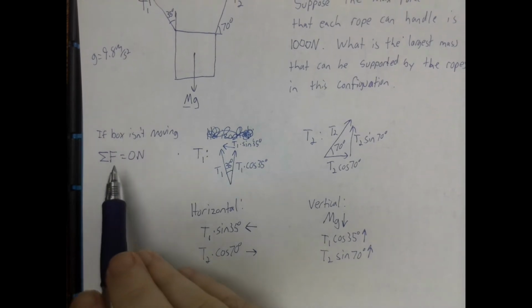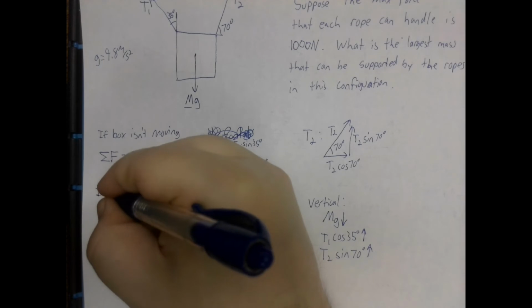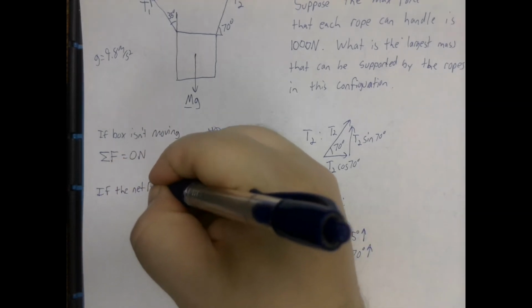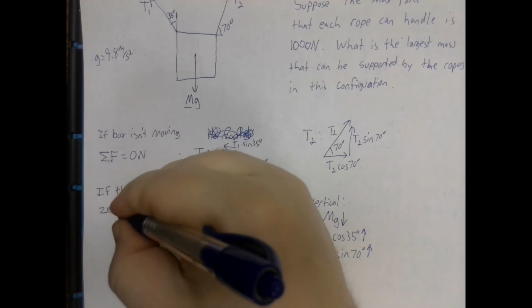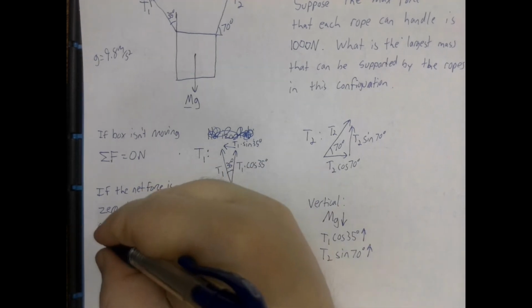So if the sum of forces is equal to 0, that means the horizontal forces have to sum to 0. If the net force is 0, then all components must be 0.